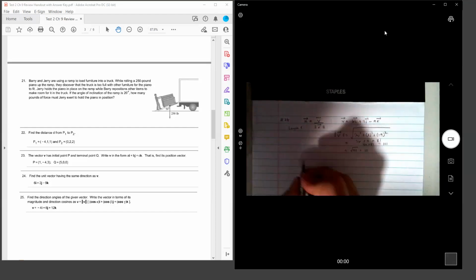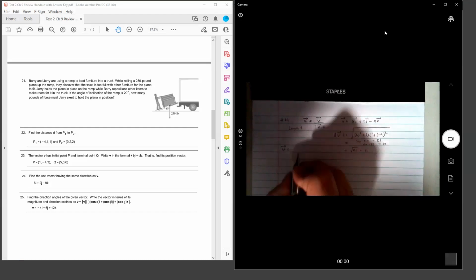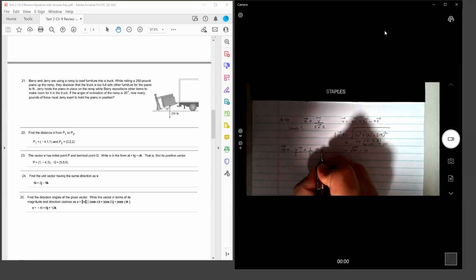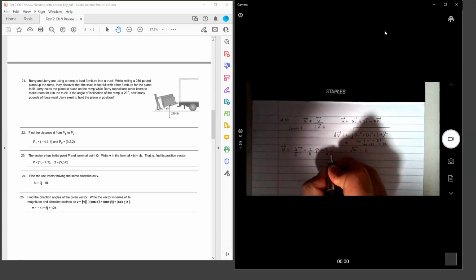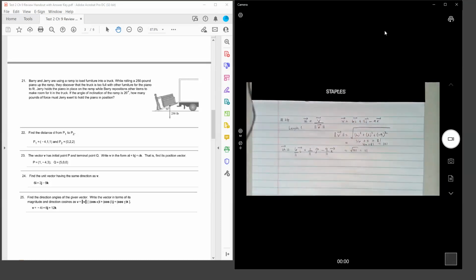So therefore, the unit vector u is going to be 6 over 11 i plus 2 over 11 j minus 9 over 11 k. If there was a possibility for me to simplify any of these fractions, I would.